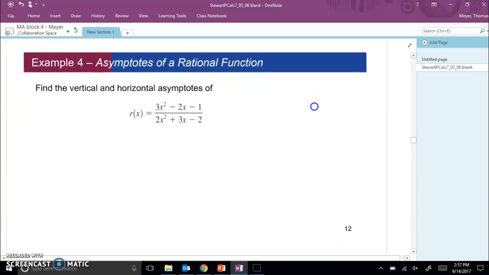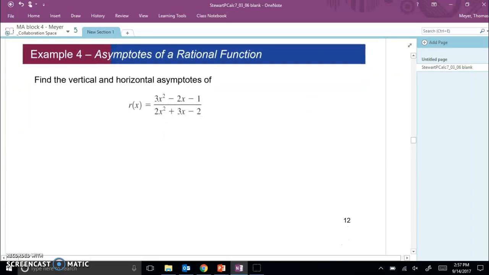So if we want to find the asymptotes of a function, what we need to do is factor it. So we need to factor the numerator. If you want to pause the video and factor it on your own, that's of course recommended. But if you want to just watch me go through it, that's fine too. So let's see.